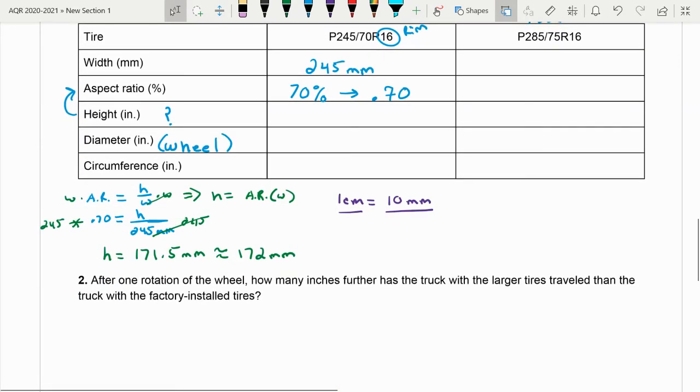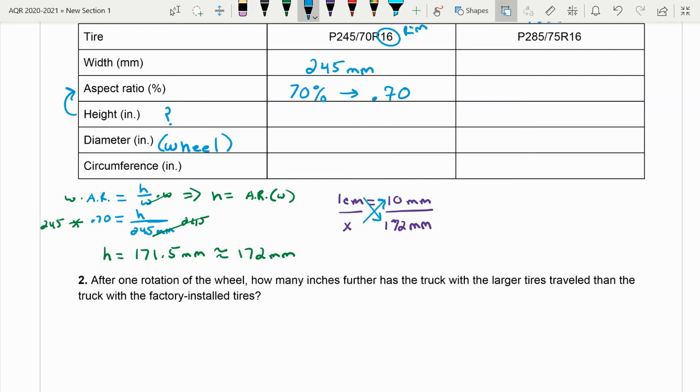I don't know the centimeters here, so I'll call this X. And then I do know the millimeters, which is 172 millimeters. So here is where I'm going to cross multiply, like we did last time.